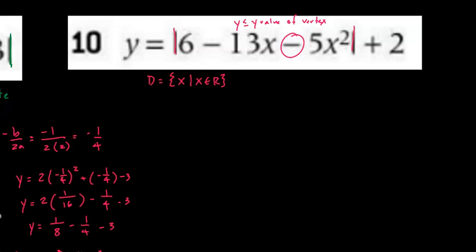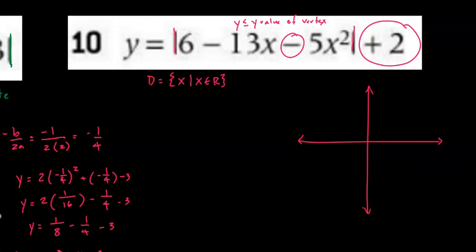Okay. And then you realize that this function goes up to. So think about it. If I have a quadratic, and it doesn't matter how far below the x-axis it goes, if I put an absolute value on it, all that's going to matter are these 2 points right here.